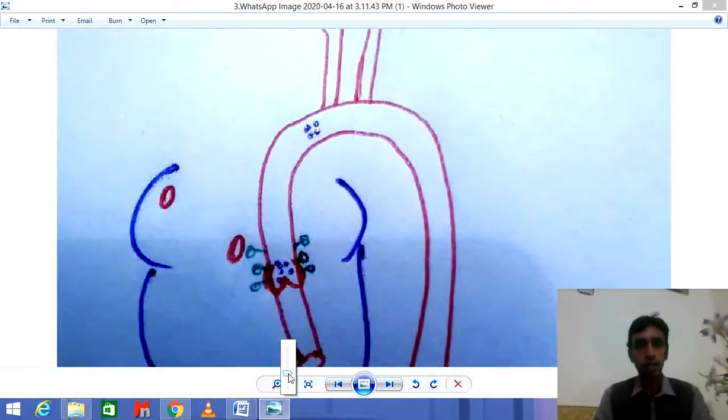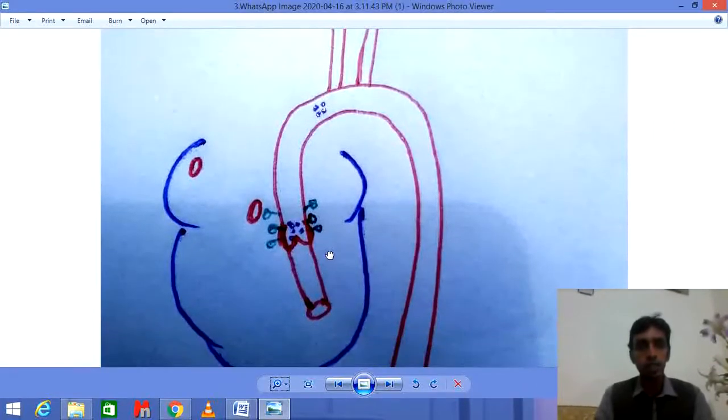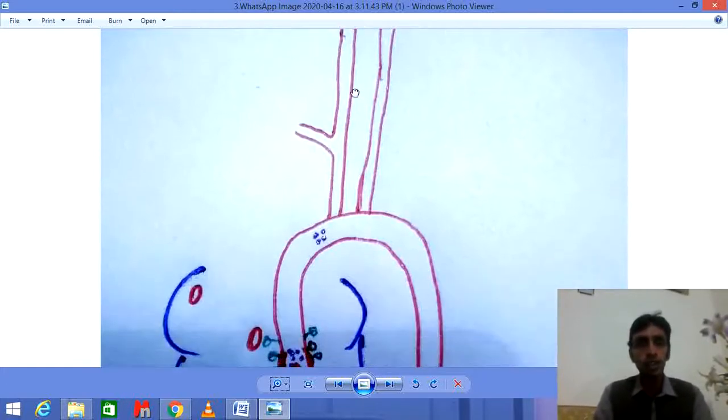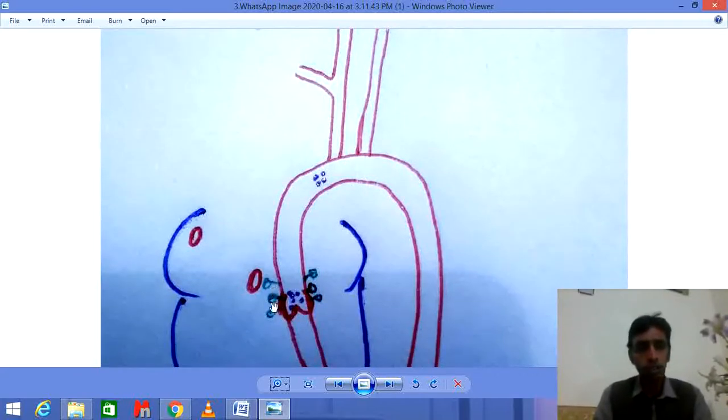Focus on this diagram now. Near the aortic sinus, you can see these are baroreceptors, but these are also some bodies, represented in the green color. Similarly, some bodies are present over here on the carotid sinus and aortic sinus, and apart from the sinus, over here also.